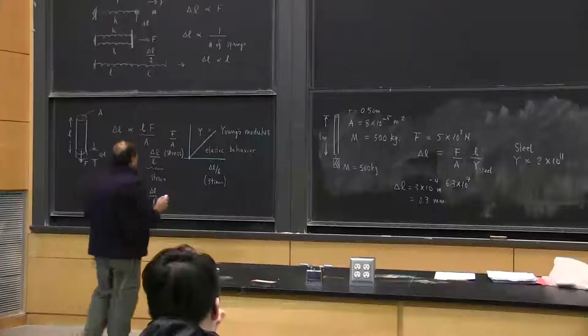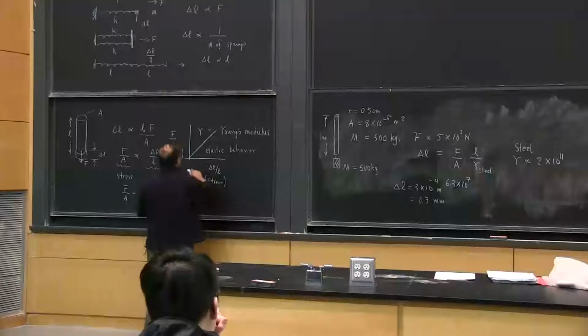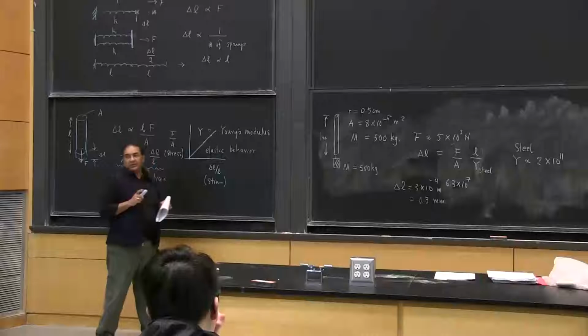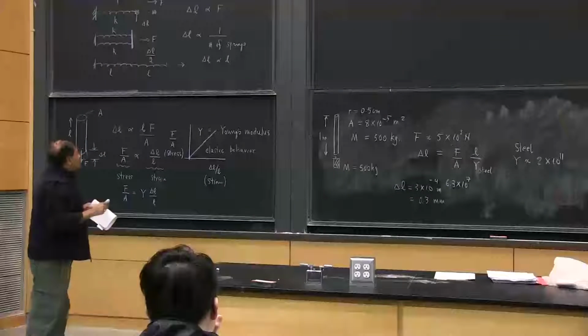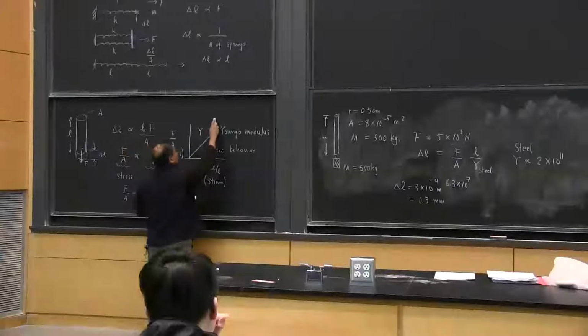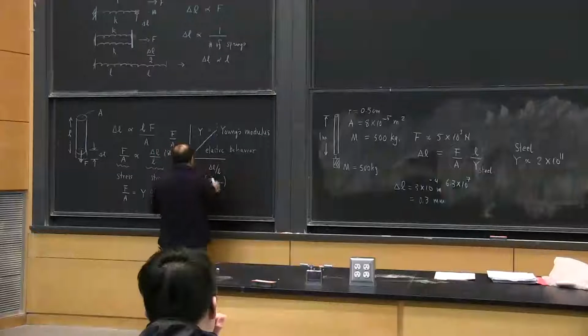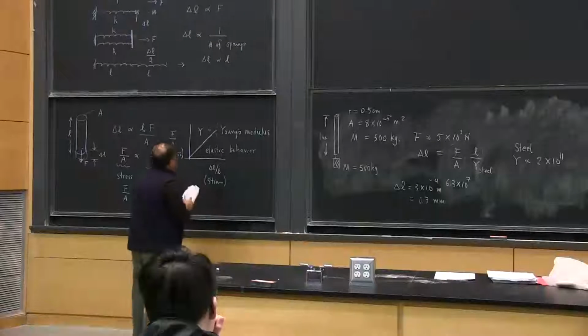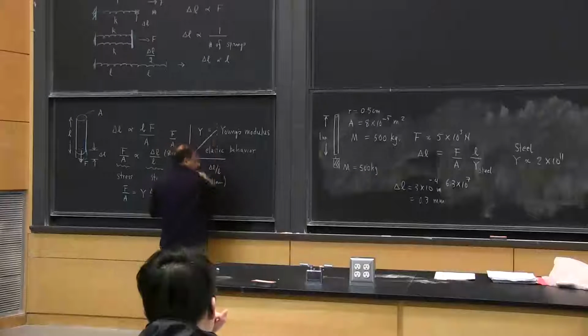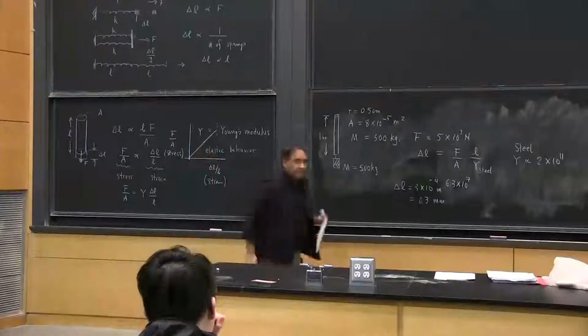But the thing that I didn't tell you, that I want to tell you now, is that this only works up to a point. Okay? If you stretch it so that the strain increases beyond a point, this linear relationship falls apart. Let me use another colored chalk.